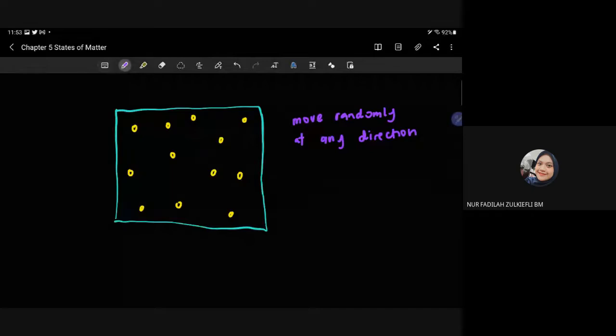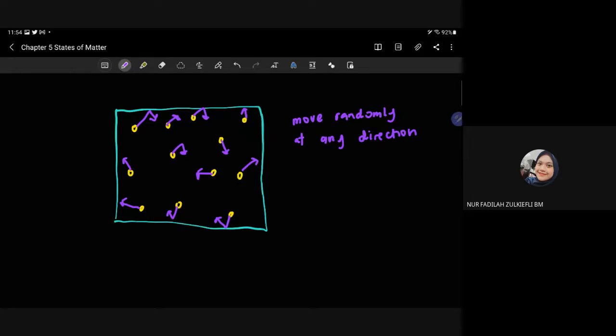Dia tak static macam ni. Okay, dia akan sentiasa move around, here and there, flying all around the container. Sambil dia fly, dia akan collide with themselves. So kalau teacher buat arrow ni banyak lah. Every single particles ni dia akan macam bola pingpong tadi lah, kan, sentiasa bergerak.